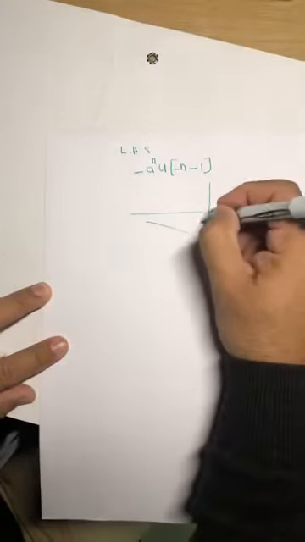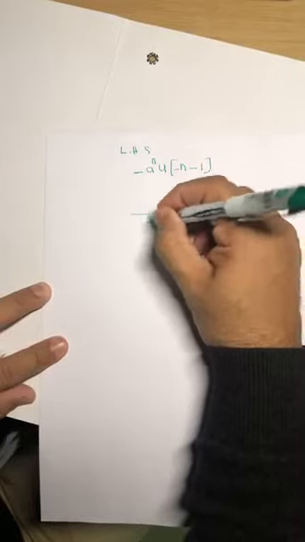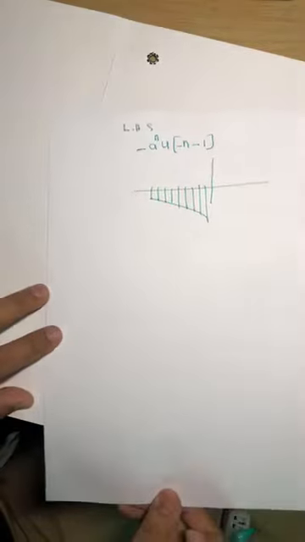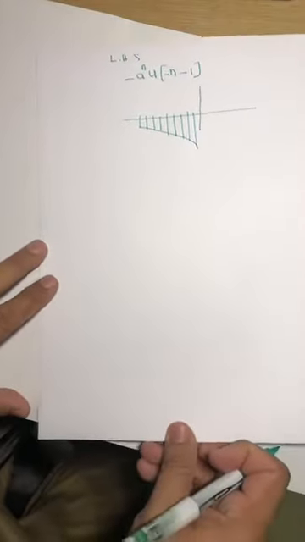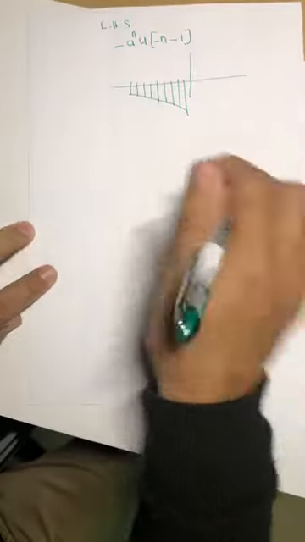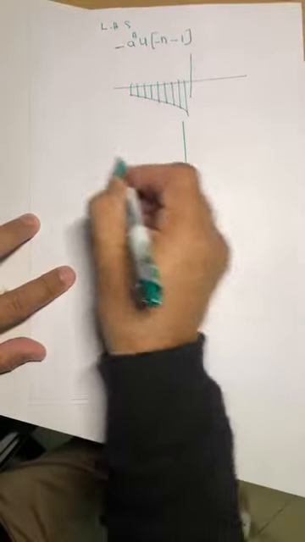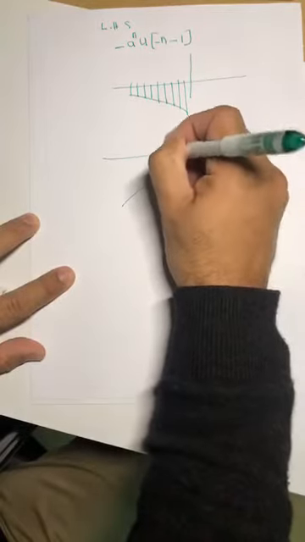This sequence, if it is converging, this is the sequence. And if it is diverging, this is the sequence.